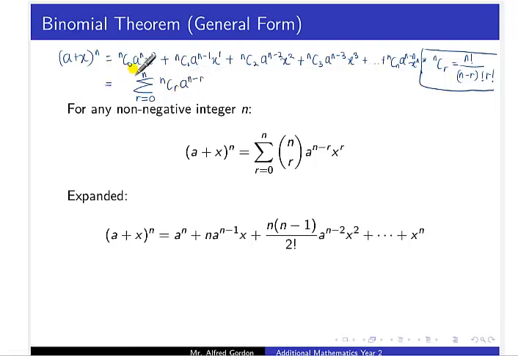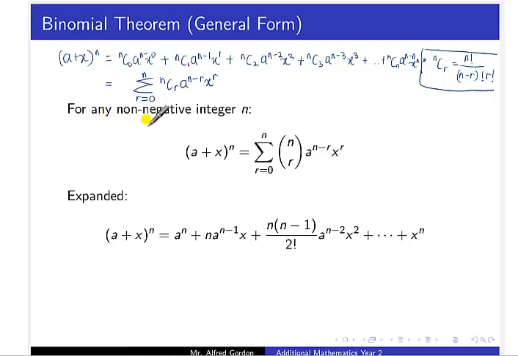So when r is 0, we have n minus 0 up here, and then when r is 1, we have n minus 1, and then we have x also to the power of that particular r, giving us this summation.